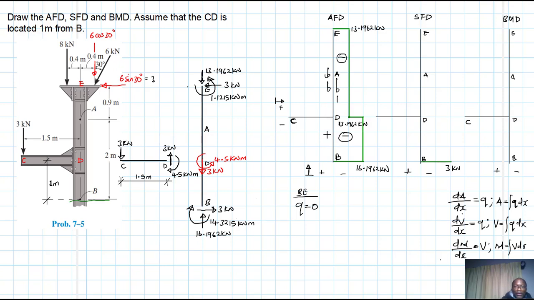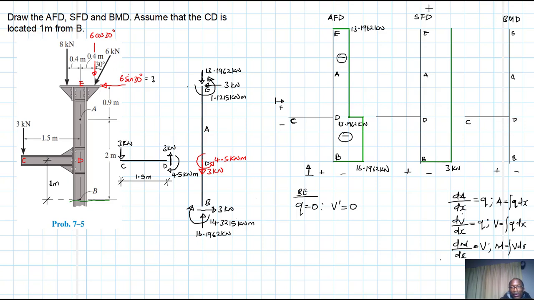Great. So the Q is equal to 0 from B to E, and therefore V prime, which is dV/dx, is also just going to be equal to 0. This is the slope of our diagram. So we just expect a straight line from one end up to the end, like so. Okay, and when we reach that end there, the two are going to interact.